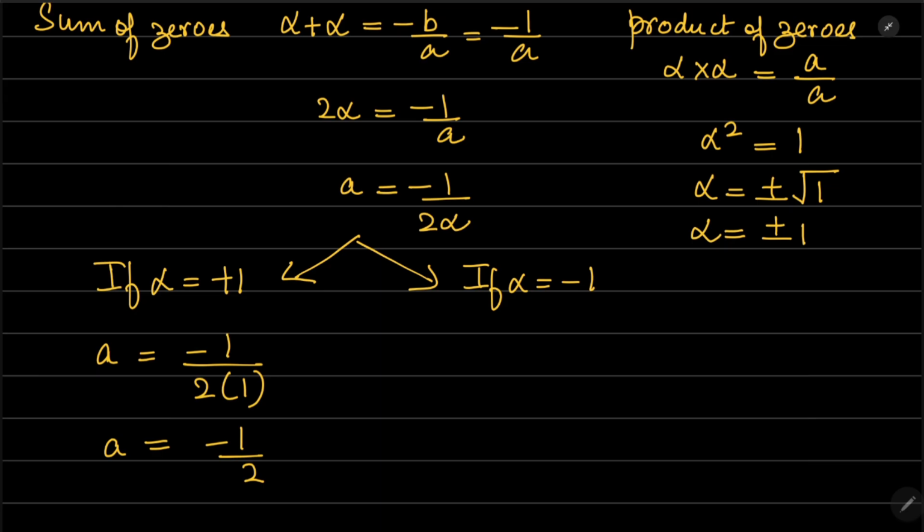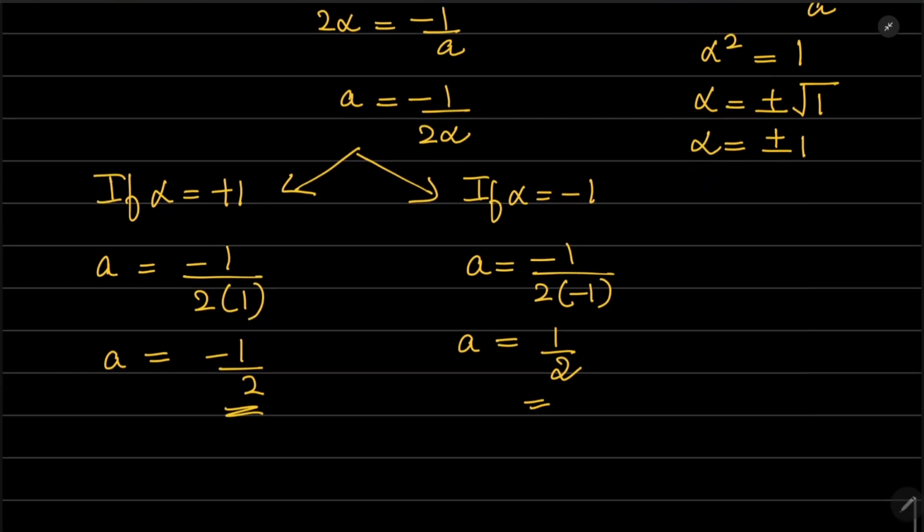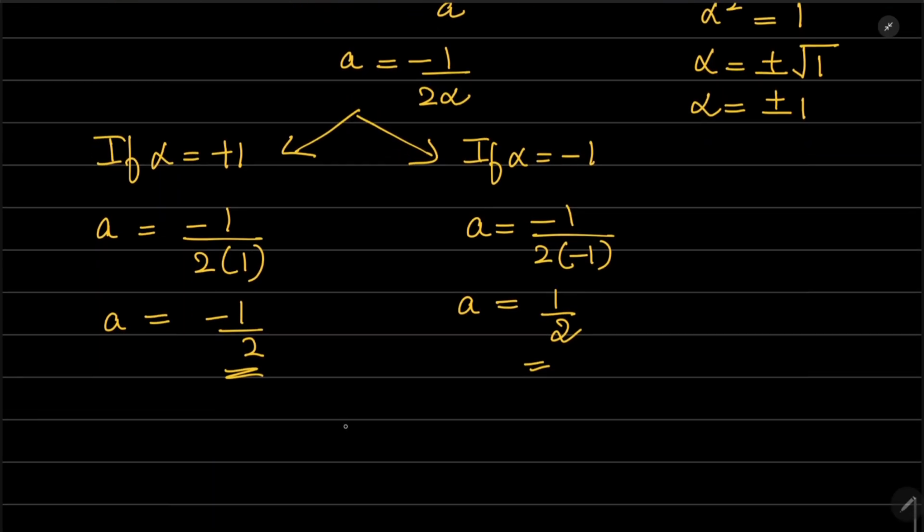In the case wherein alpha is equal to minus 1, a is equal to minus 1 by 2 into alpha, which is minus 1. So a is equal to minus, minus gets cancelled, it will be 1 by 2. Okay, so therefore your answer is either plus or minus 1 by 2 is the value of a.